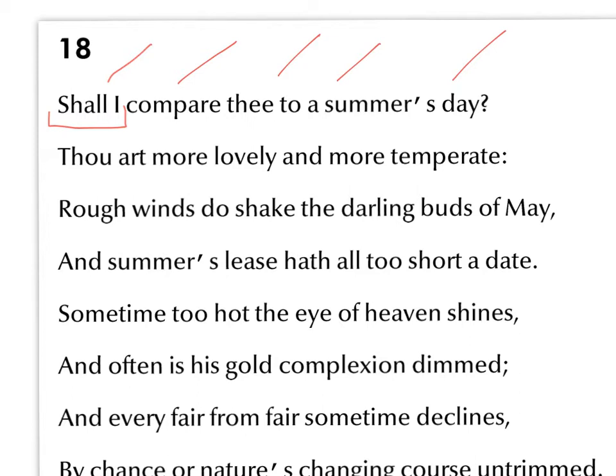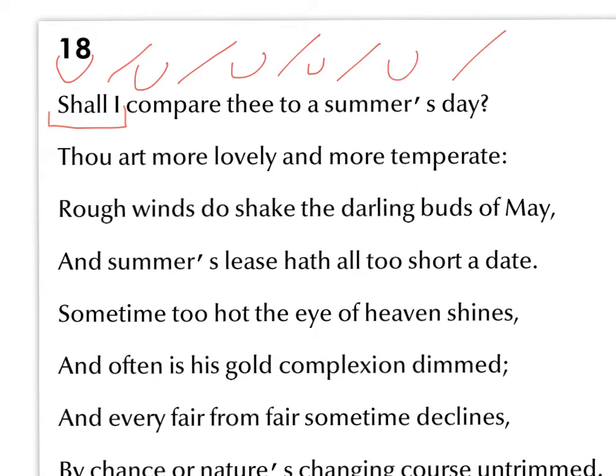Now what do I do for the non-stress syllables? Well, the convention is I put a little U over them. These are the softer ones. Shall I compare thee to a summer's day?